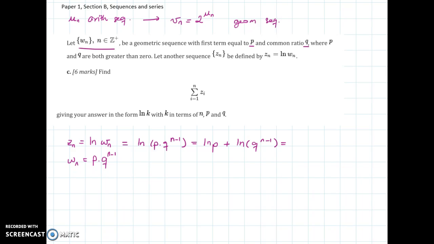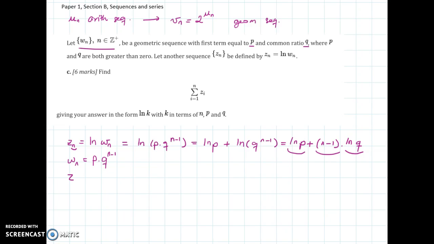Using properties of logarithms one more time, I'm going to write the second term as n minus 1 multiplying the logarithm of q. Okay, beautiful. So for each value n, this sequence is given by the logarithm of p, and then n minus 1 multiplying the logarithm of q.